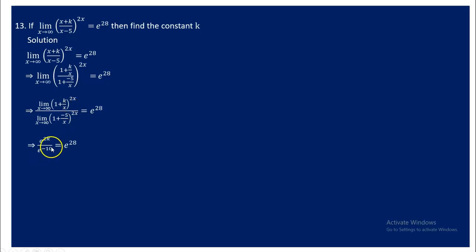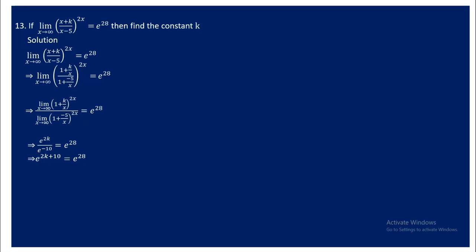And this is going to be e to the power of 28. So our intention is to find the value of k so that this can be true. This is very simple. Remember your lower class mathematics. Just take one of these two bases, that is e, and then subtract the exponents. 2k minus (minus 10) makes 2k plus 10, and this turns out to be e to the power of 28, as it is directly taken from above.